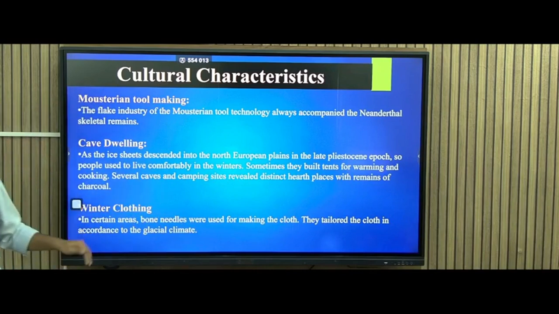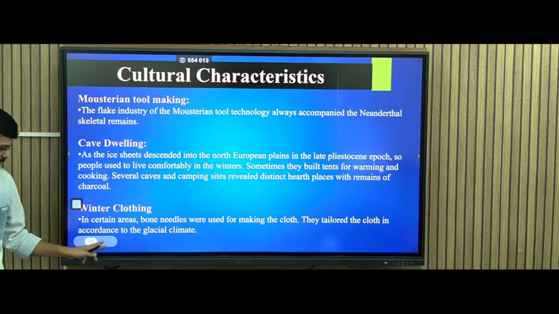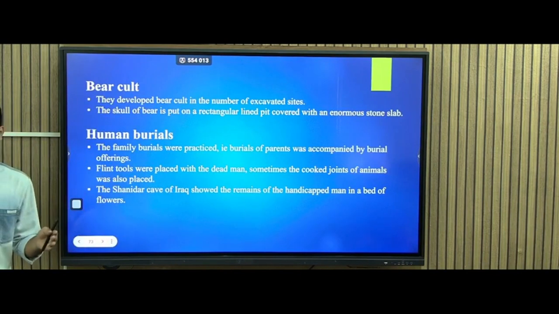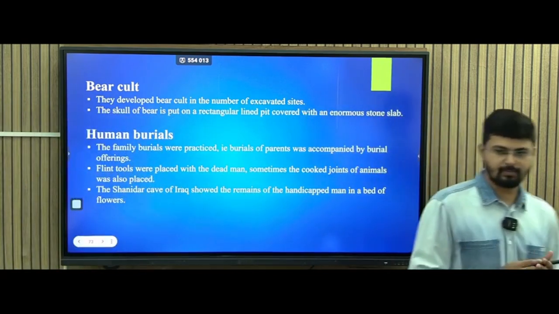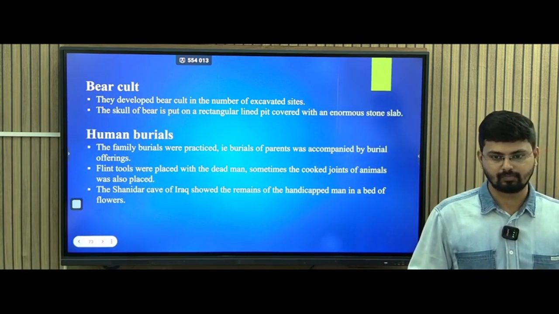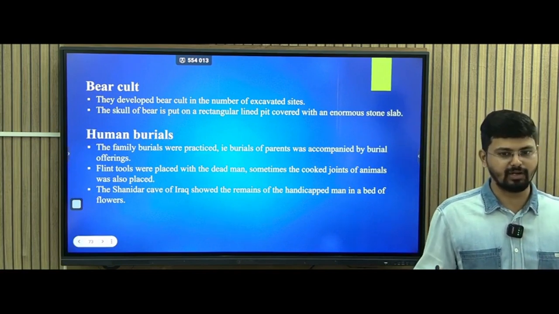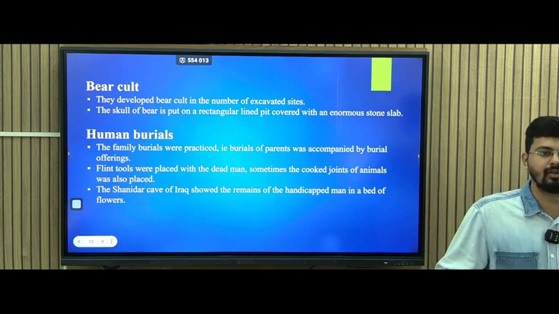But with respect to Neanderthal fossils, you need to understand that bone needles were used as a tool to stitch the cloth. What could the cloth have been? It is of skin only, right? The skin of animals. They did not find any cloth kind of material that we make today.